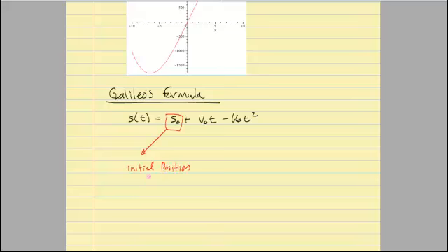There's a different formula if you want to use meters. V naught is our initial velocity, and this would be given in feet per second. And then this value of t that we're looking at is the influence of gravity, and this t is equal to values in terms of seconds.